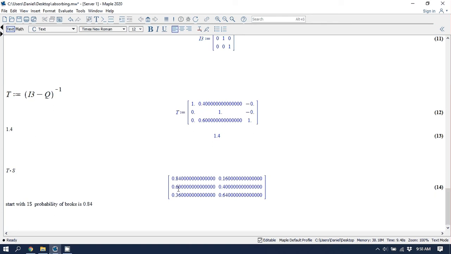And the more dollars you have in the beginning, the more chances you have to stay in the game. So if you have $3, look at this entry over here, then the probability of going broke, because the first column is going broke, is 0.36. So the lowest probability of going broke is 0.36, and that happens if you have $3.